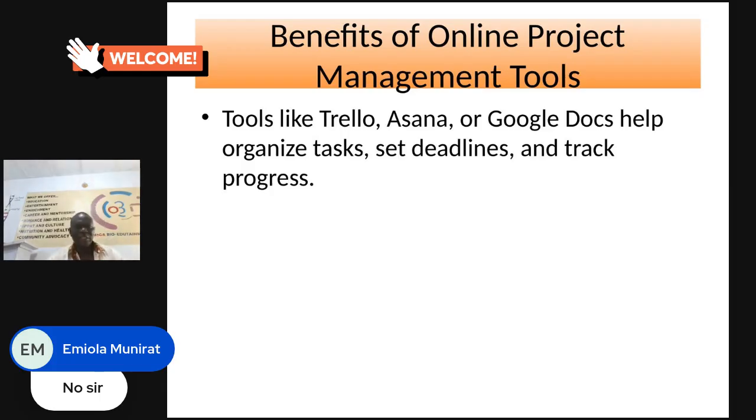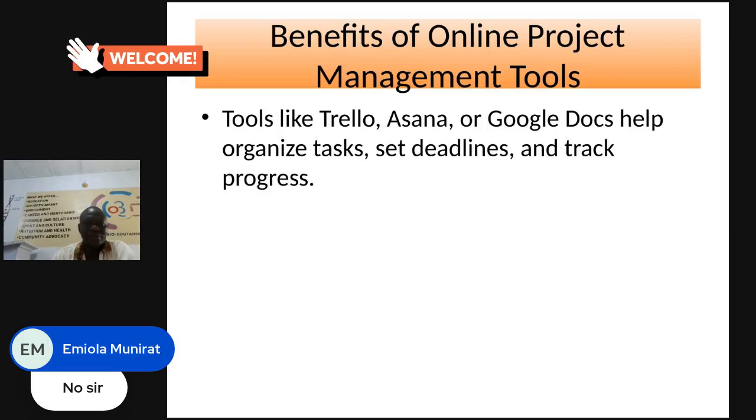So the next one is the benefit of online projects. I told you that this time around I'm going to teach you a lot of online tools, online bioinformatics, and online artificial intelligence tools that you can use to do a lot of things.